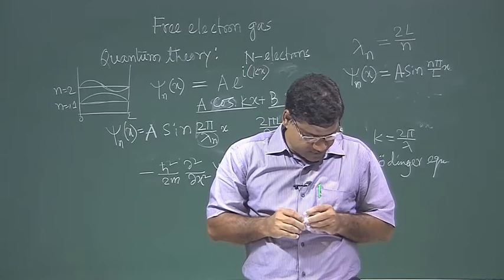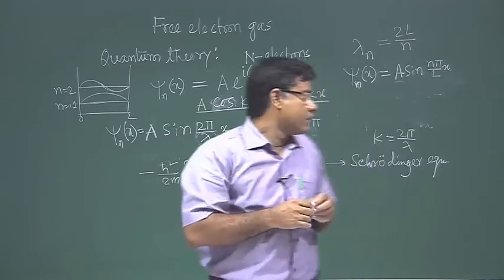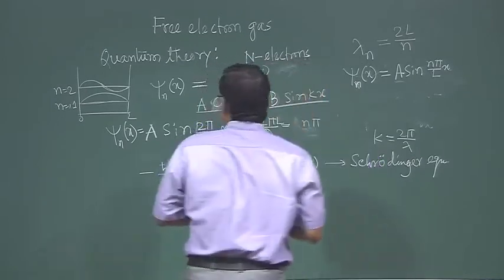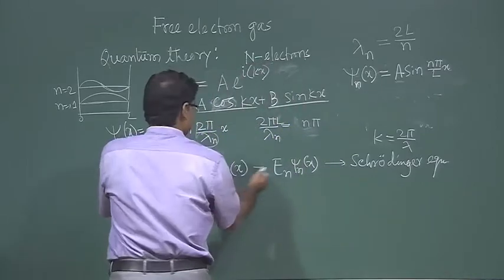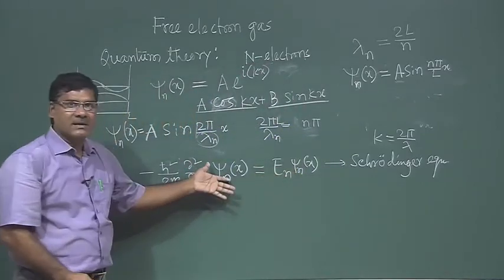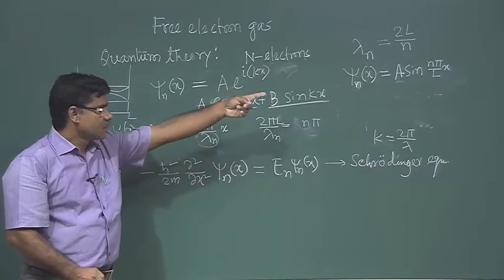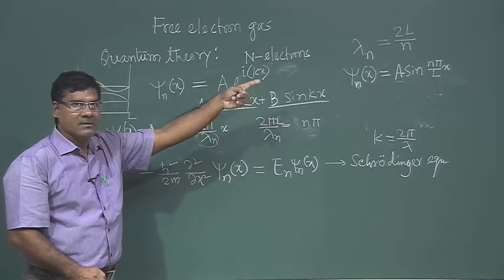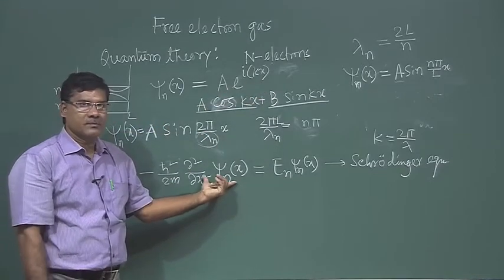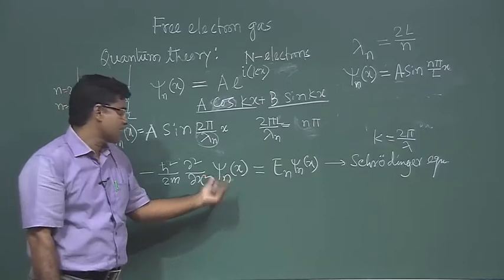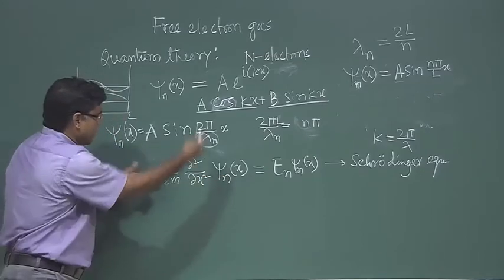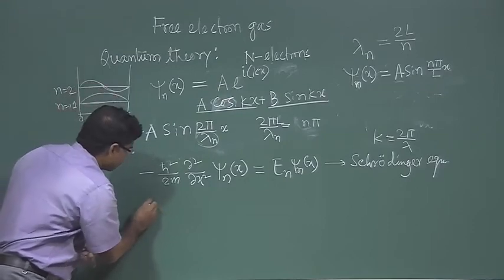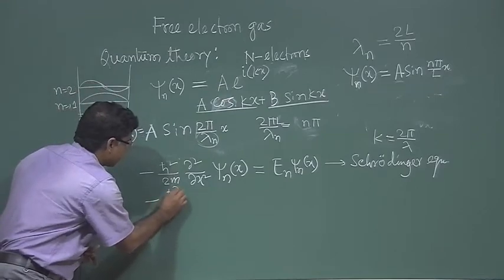For that, what is your equation? This wave function I have chosen, now it has to satisfy this Schrödinger equation. So, if I put this wave function here, minus h cross square by 2m.